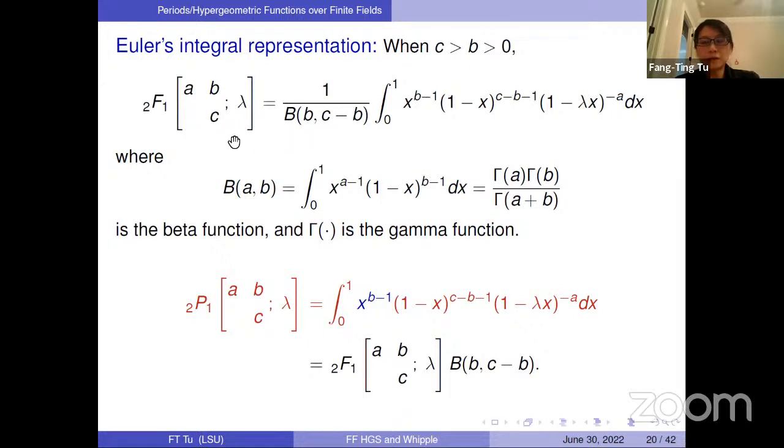From the binomial theorem, we can write the power series in terms of the integral here. For convenience, I will let this integral be 2P1, which I will call the period function. Okay, so now if we look at the blue part, and if we fix the exponent b minus 1, when x varies, this actually gives us a multiplicative function. So in the finite field setting, our candidate will be a multiplicative character.